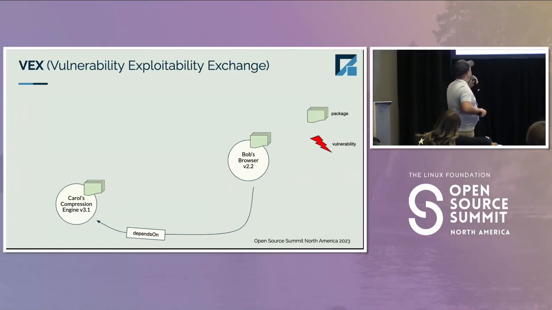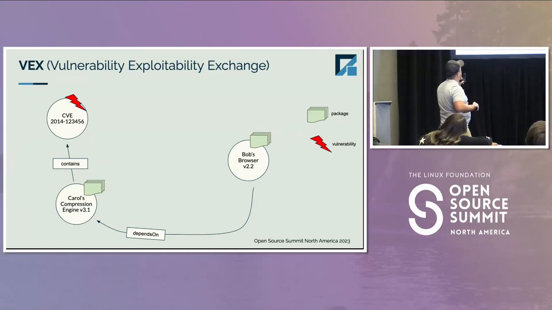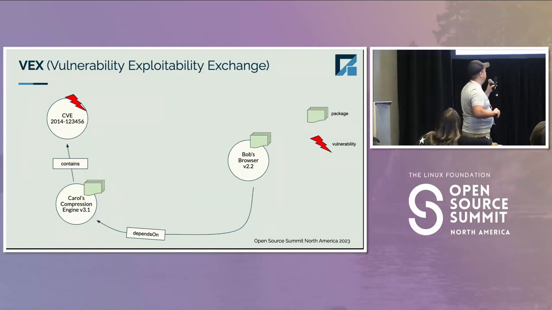So in this case, what's going to happen is that someone is going to find a CVE that is contained in Carl's compression engine. So if Carl's compression engine has that CVE, that means that at some point Bob's browser is going to start to get flagged as vulnerable.